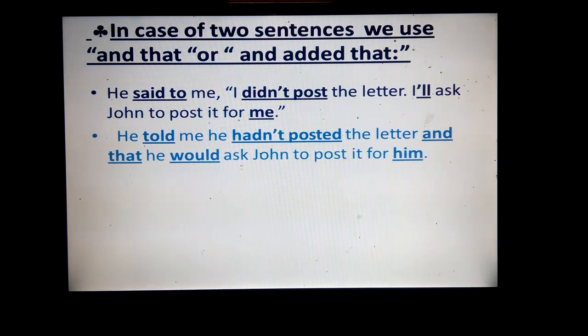He told me he hadn't posted the letter and that he would ask John to post it for him. So again, here we used "and that" to link the first sentence to the second.